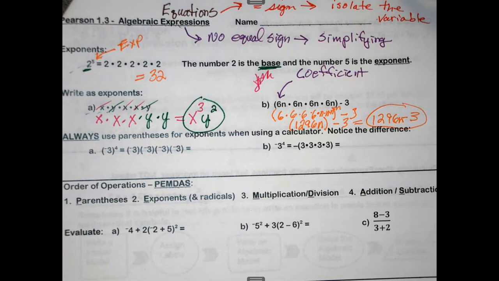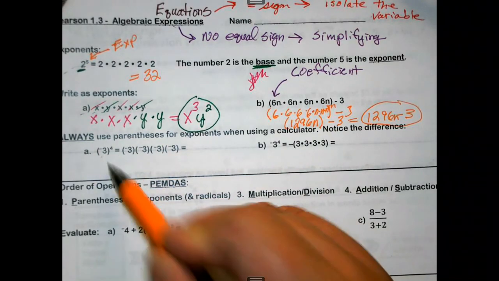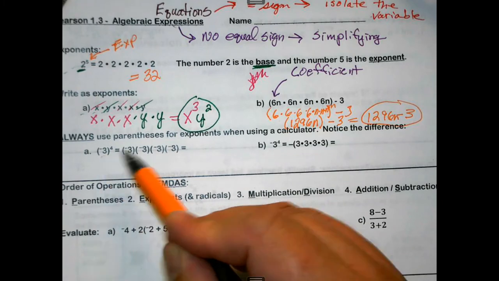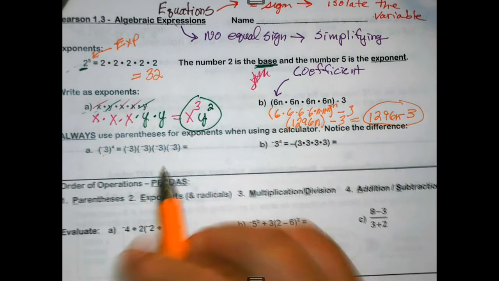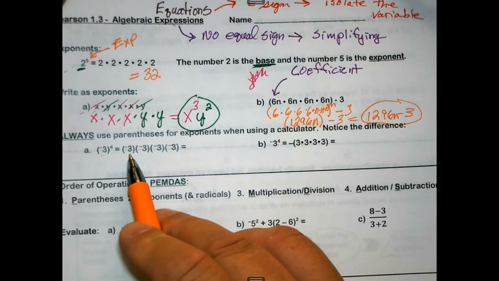Negative numbers. Watch your PEMDAS. Here I have negative 3 in parentheses. That means I'm taking negative 3, multiplying it by itself 4 times, right? Negative 3 times negative 3 times negative 3 times negative 3. Well, let's do this.